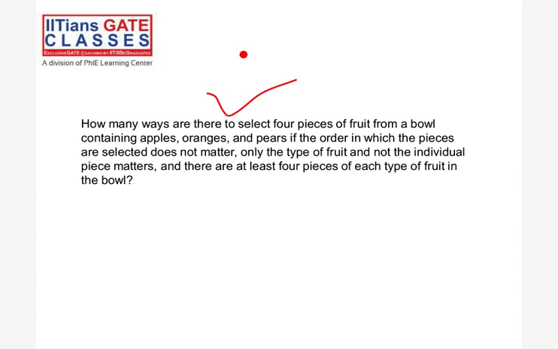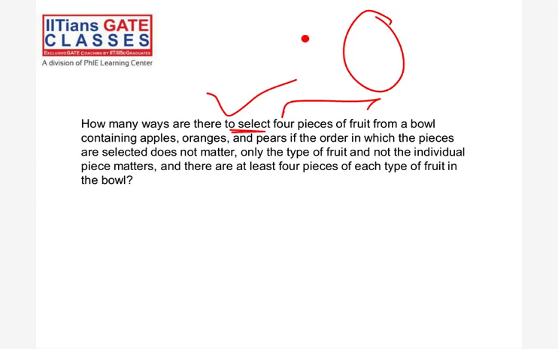So let's see this. What he is saying is, how many ways are there to select four pieces of fruit? Remember, you want to select. So order does not matter, of course. For example, if you go to a fruit market and you take two apples, one orange, one mango, then order does not matter, right?